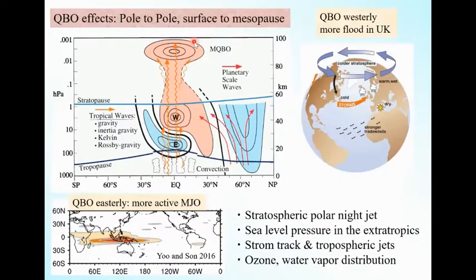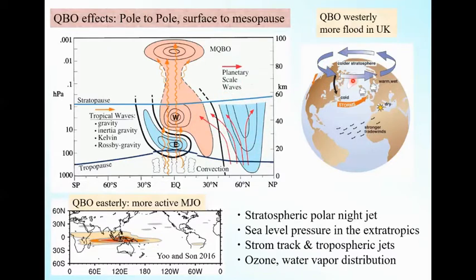I want to say why the QBO is important. Although the QBO is a phenomenon in the tropical stratosphere, only here, its effect extends from the South Pole to the North Pole, and from the surface to the mesosphere, around 100 kilometers. For example, the stratospheric polar night jet, a strong westerly jet, is modulated by the phase of the QBO.